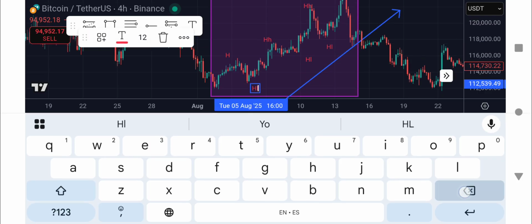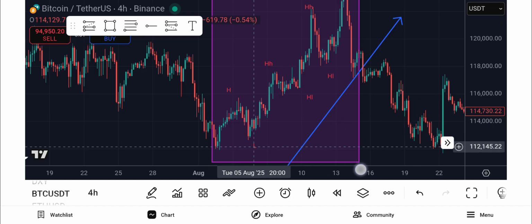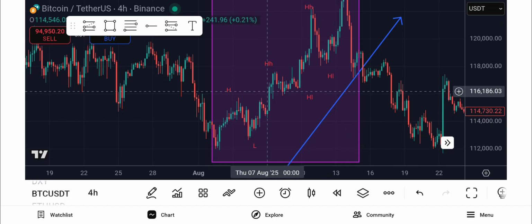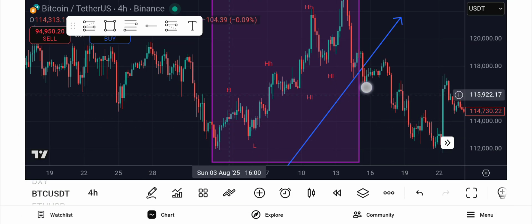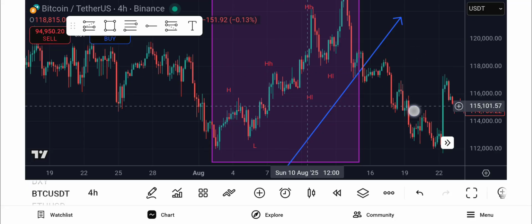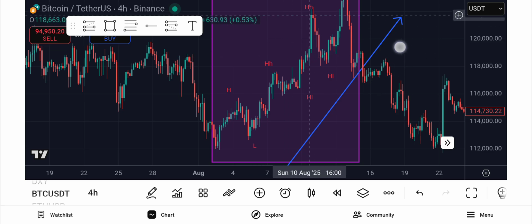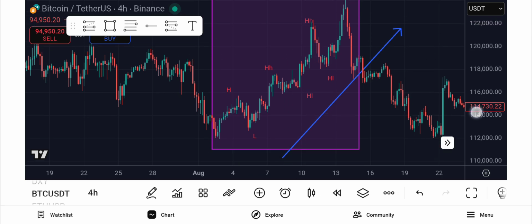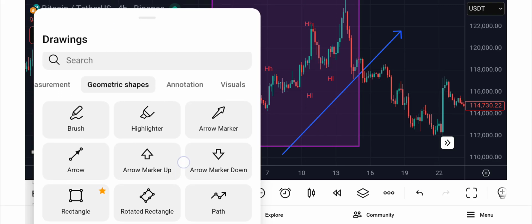This is more of a correct way to do it. So this low took out this high here and formed this high. Then it formed this higher low down here. And this higher low took out this higher high and formed this higher high. That's how you know it's an uptrend.